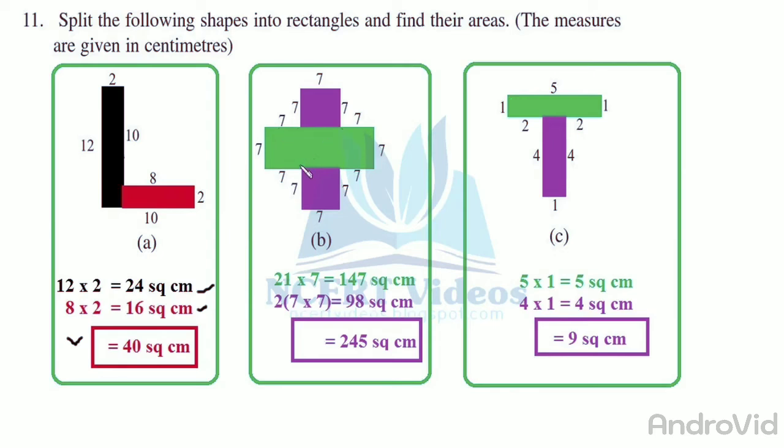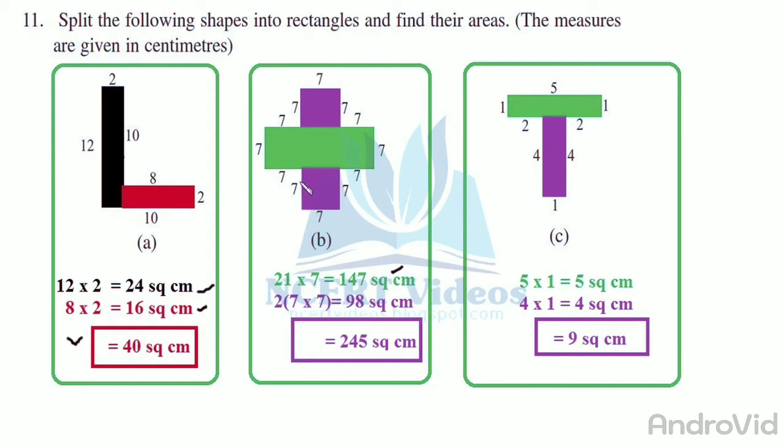Now here we divided it into such a representation. So green portion, 21 into 7. It is 7 plus 7 plus 7, 7 threes are 21, is your length and 7 is your breadth. So it gives you 7 ones are 7, 7 twos are 14, that is 147 square centimeter.